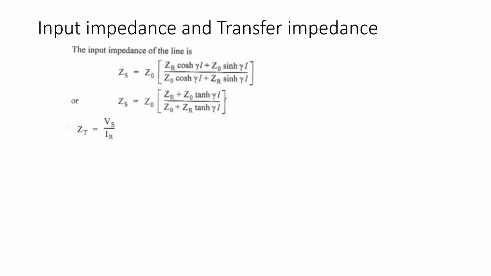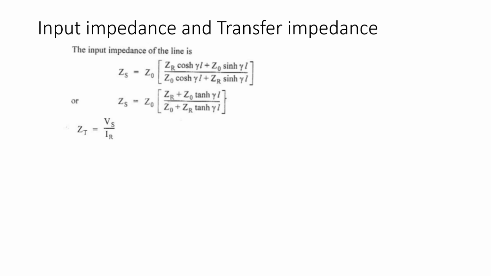Taking cosh gamma L outside in the numerator, it becomes ZR plus Z0 sinh gamma L by cosh gamma L. Similarly, in the denominator, the terms are Z0 plus ZR sinh gamma L by cosh gamma L. So sinh by cosh becomes tanh. Therefore, the equation becomes (ZR plus Z0 tanh gamma L) by (Z0 plus ZR tanh gamma L). This is the input impedance of your transmission line.